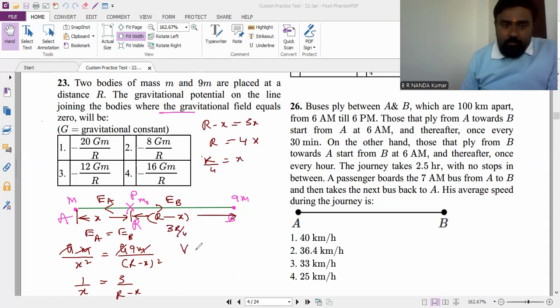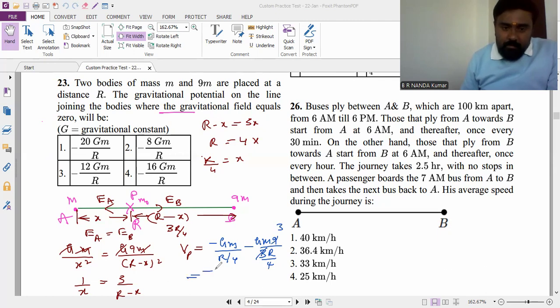Now gravitational potential at point P due to the first point mass is minus G m divided by R by 4. Second point mass: minus G 9m divided by 3R by 4. So 3 ones are 3, threes are 3.